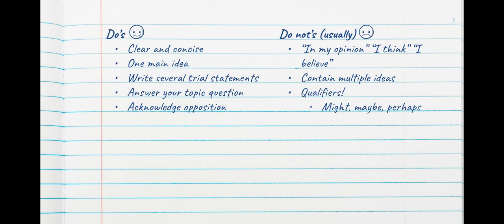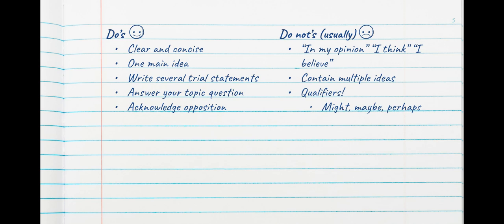For our do's, I have: be clear and concise, explore only one main idea, write several trial statements, answer your topic question, and acknowledge your opposition. This last do is sometimes a difficult one, as it's a challenge for some to recognize there's an opposing opinion without giving into it, but we will discuss this more later on.